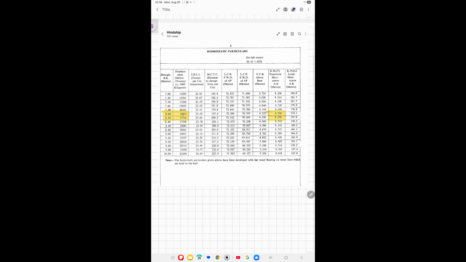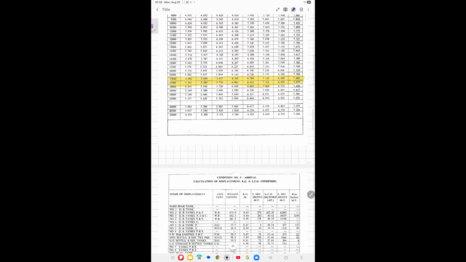My displacement is 17086, so it is falling in between 16635 and 17116. So we interpolate, this is transverse KM here, 8.25 and 8.27. We interpolate between these two values for our displacement.